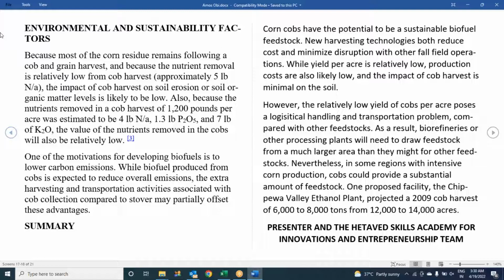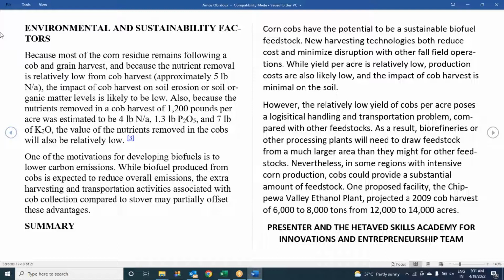One proposed facility, the Chippewa Valley Ethanol Plant, projected a 2009 Concord harvest of 6,000 to 8,000 tons from 12,000 to 40,000 acres. So this is a major consideration and an advantage of Concord.